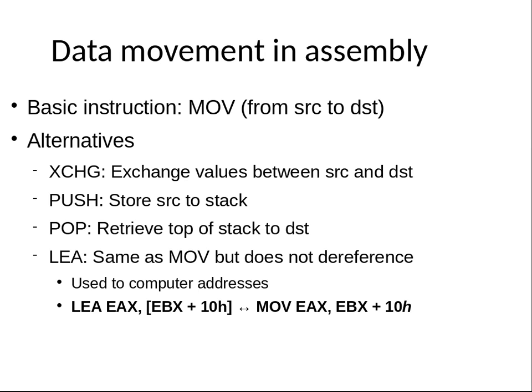There are plenty of other instructions. Exchange: exchange the values between source and destination. When do you think that's useful? What's another word for exchange that you did all the time in data structures? It's swap. Swap happens so many times they decided to make it one instruction. So now instead of having 3 instructions and using a register, you just have 1 instruction.